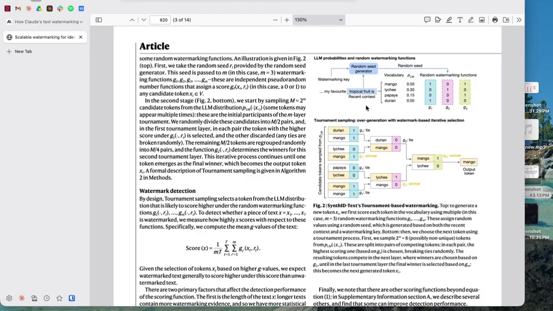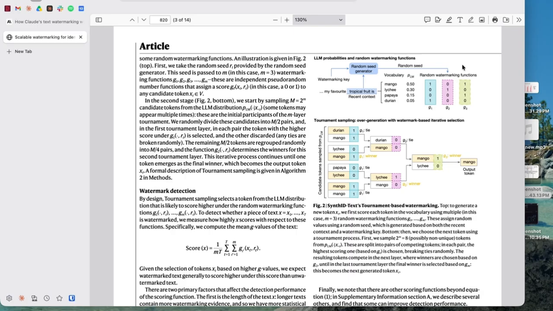So we had this random seed that we're going to be generating. Remember, that random seed is selected by putting a watermarking key and the recent context, like the last few tokens in the sequence, into a random seed generator. And then what that random seed is doing is it's not producing a single number or token as an output.